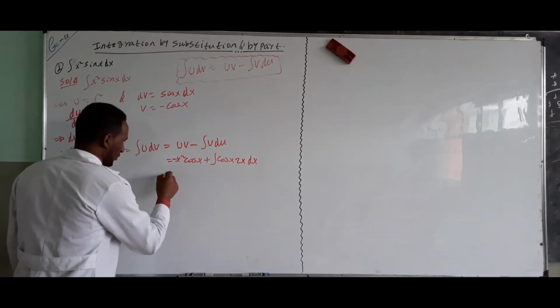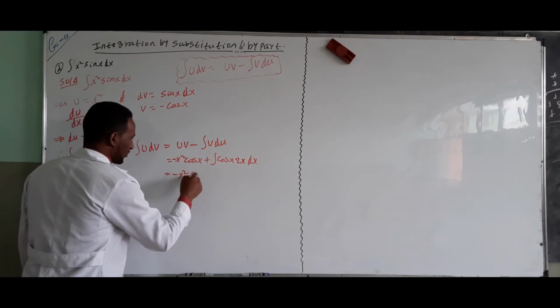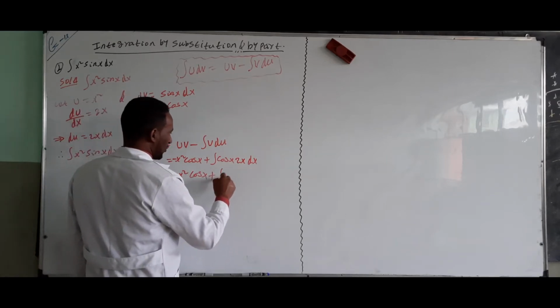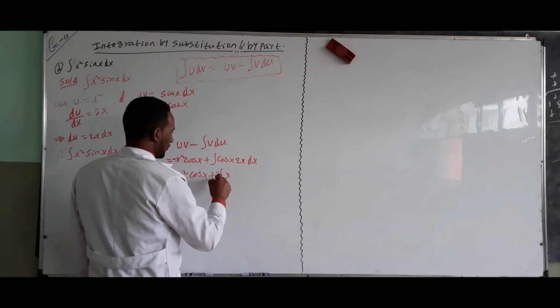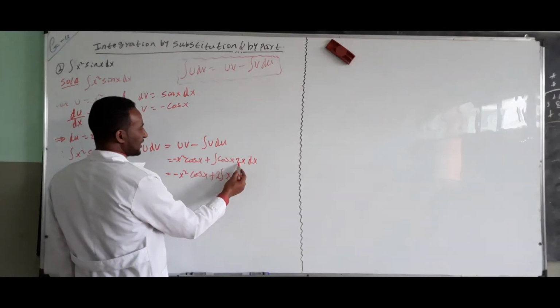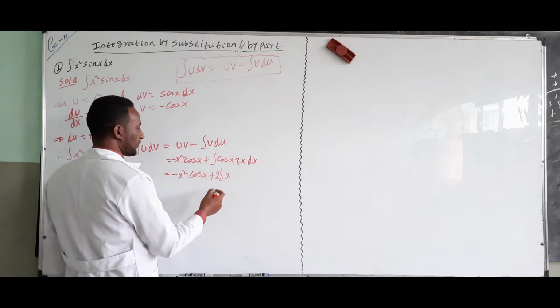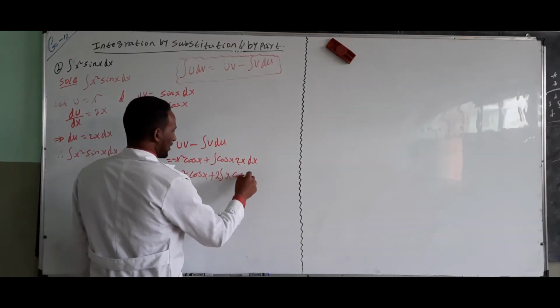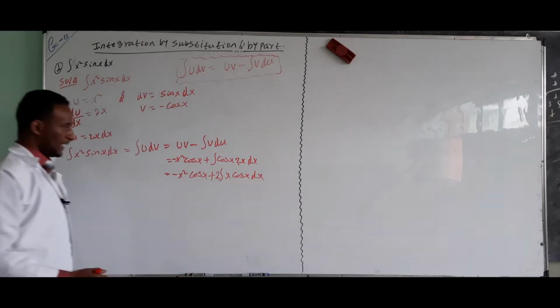This becomes negative x square cos x plus integration of 2. We can take these constants out of the integral sign, then x cos x dx.